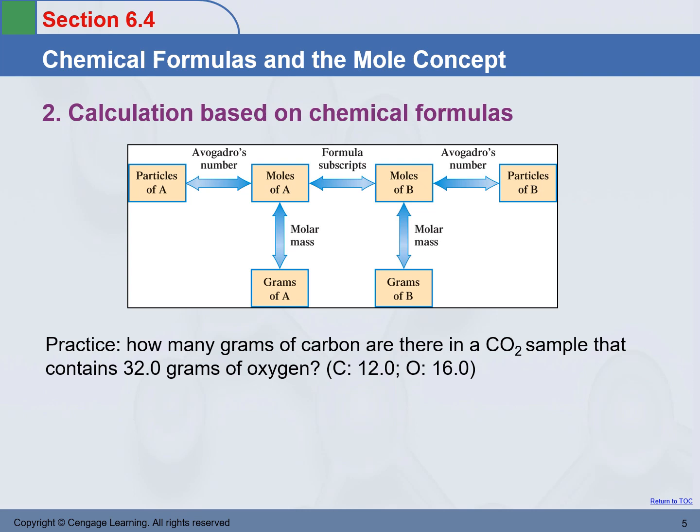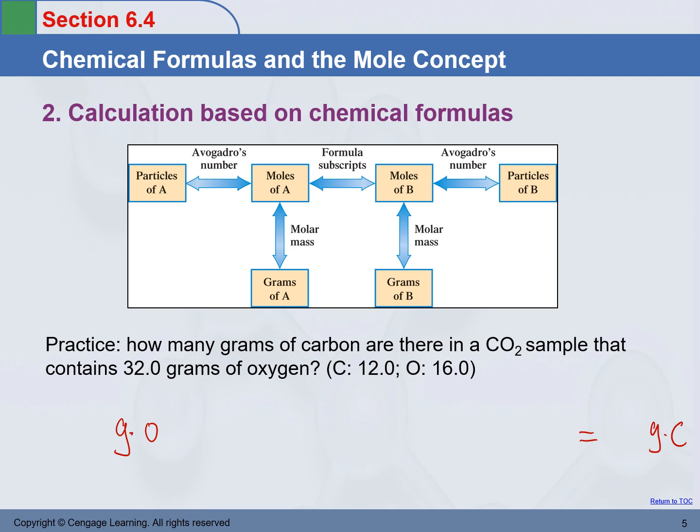All right, let's identify the given information, wanted information. Given information, grams of oxygen. Wanted information, grams of carbon. Once you identify this, map them onto the flowchart.